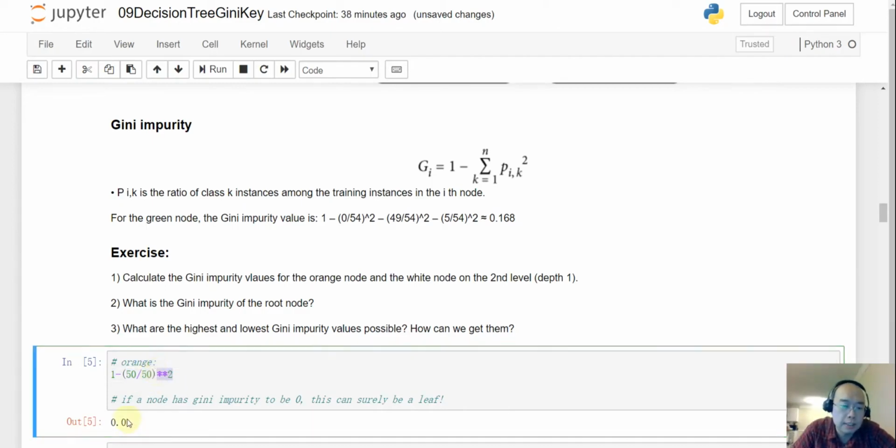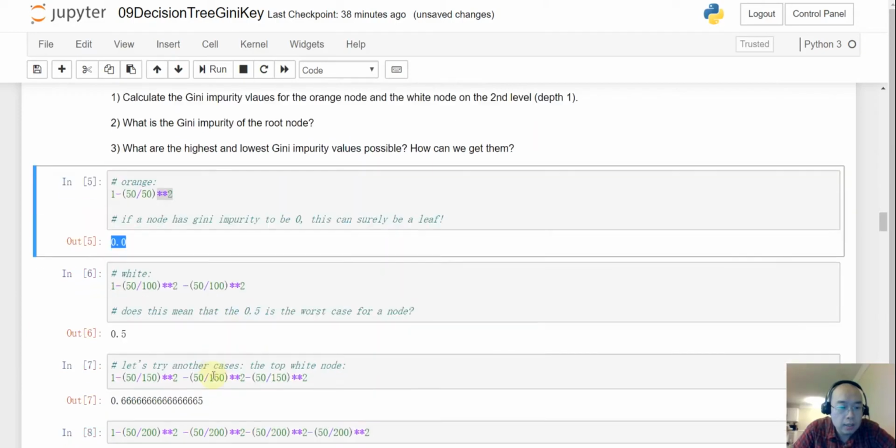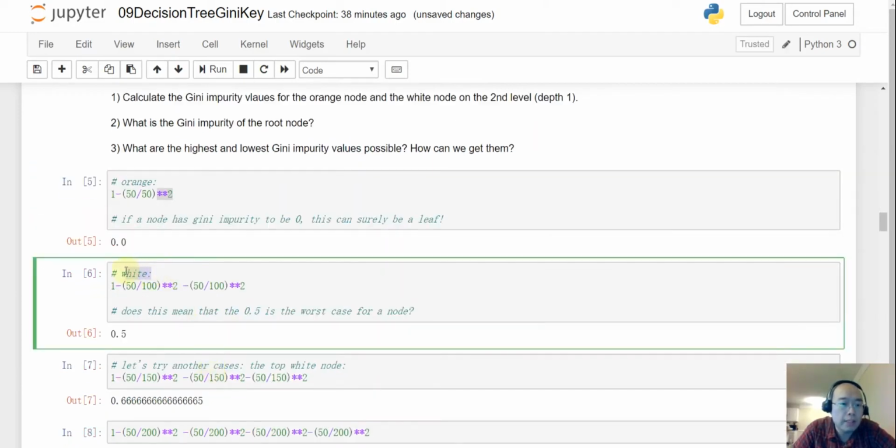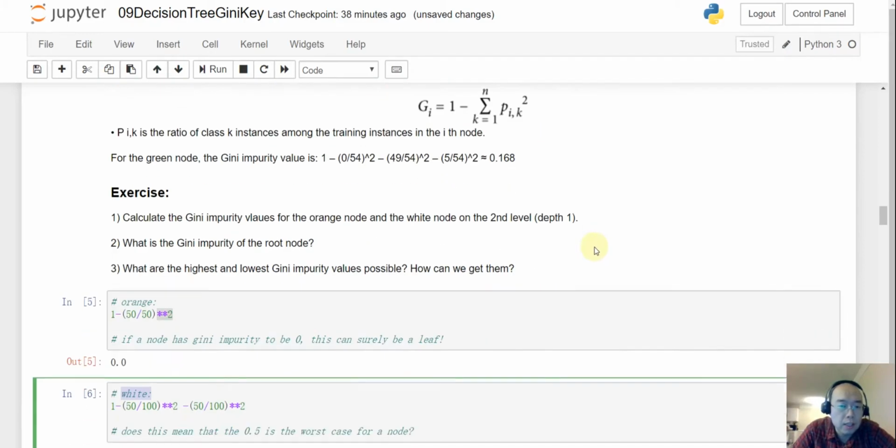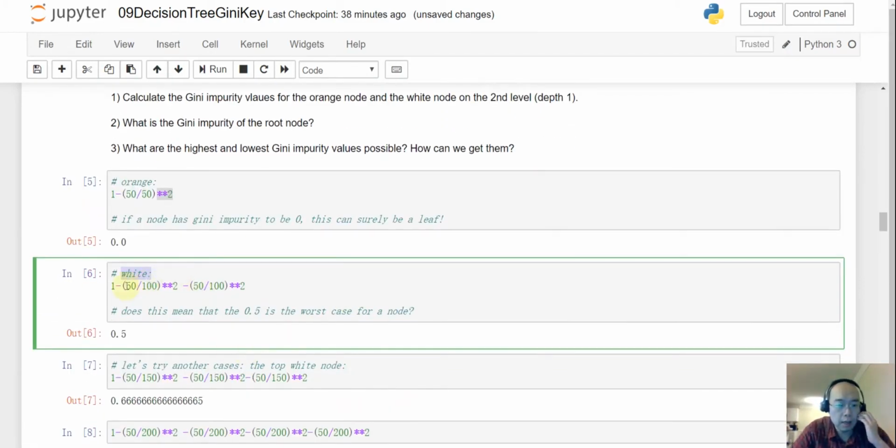So that is a 0. Okay, if you want to calculate the white, for the white one this is 0, 50, 50. And this is 50% on one class, 50% on another class, so 50% squared and 50% squared. So we got a 0.5.